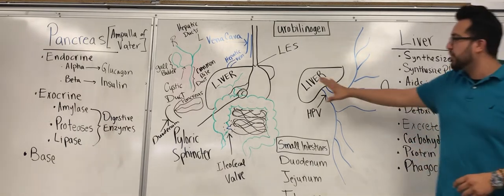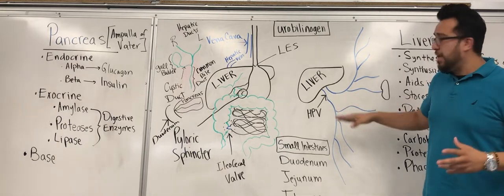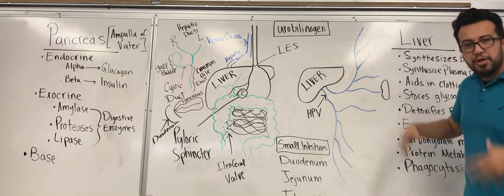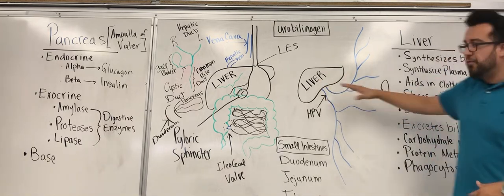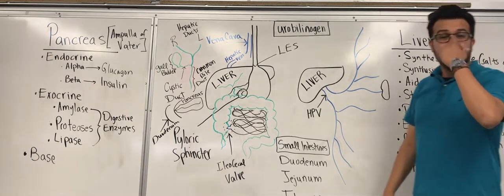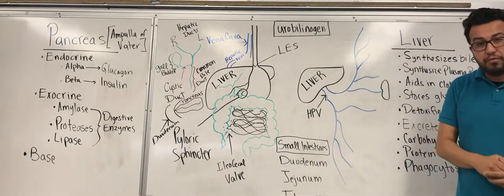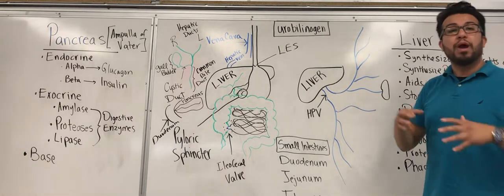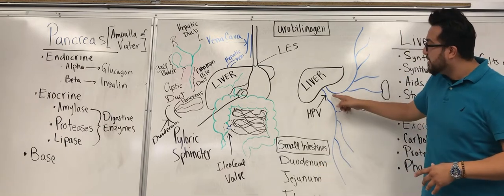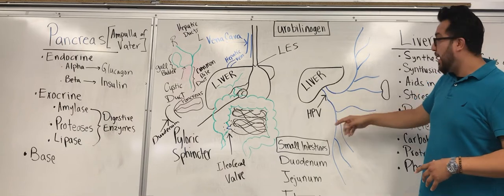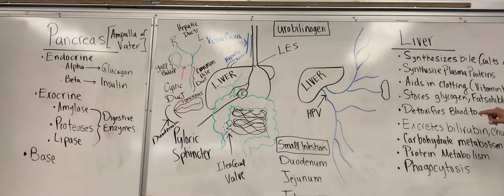Well, if somebody has liver issues, and if you understand that the hepatic portal vein drains the entire GI tract among other parts of the body, the liver has to carry out all these processes. But if you have liver cirrhosis, what happens to the pressure within the hepatic portal vein? It goes up, right? And if it goes up, you develop something called hepatic portal hypertension. That causes the fluid to escape the hepatic portal vein. And if you have liver damage, can you create those proteins that I was discussing, the albumin?